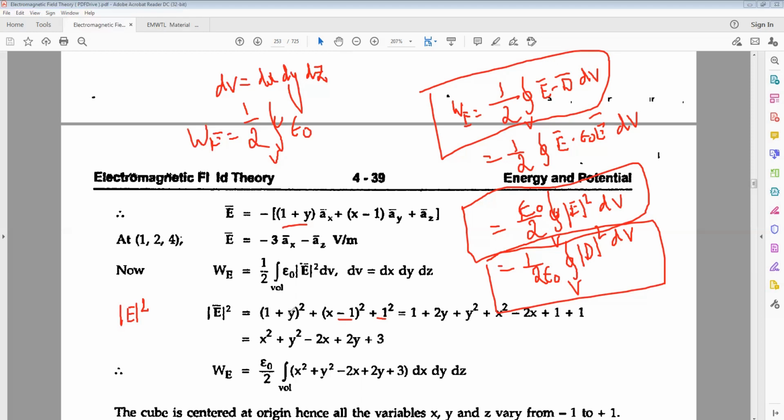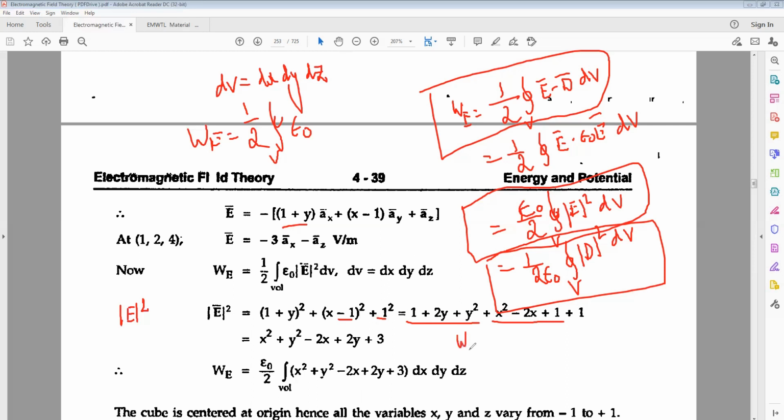Simplify these after expanding: 1 plus 2y plus y square, and x square minus 2x plus 1, and 1. We have x square plus y square minus 2x plus 2y plus 3, since 1 plus 1 plus 1. So WE is equal to epsilon naught by 2 times the volume integral of (x square plus y square minus 2x plus 2y plus 3) dx dy dz.